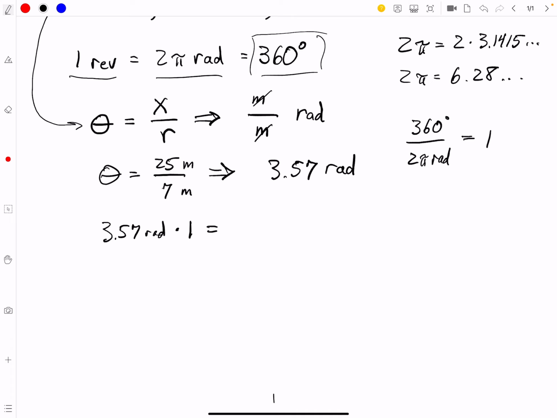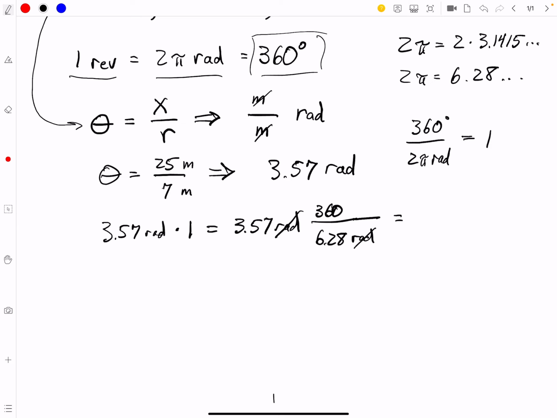But that 1, 3.57 radians, that 1 is 360 degrees, and we're dividing by 6.28 radians. So our radians cancel, and we have a number.